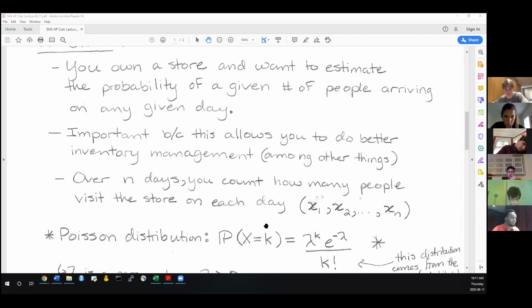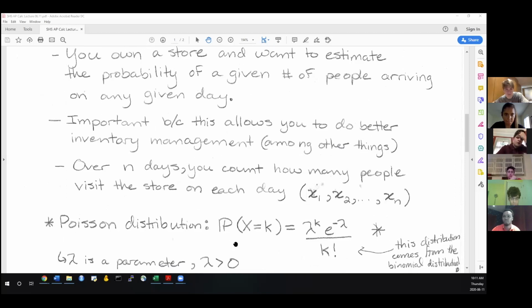Here I'm going to introduce something called the Poisson distribution, which is another example of a distribution. As Ms. Ayag mentioned earlier, there are tons of probability distributions. This one in particular is generally accepted to be a good way to represent arrivals of people, or also it can be used to represent the number of times a rare event occurs in a given time interval.